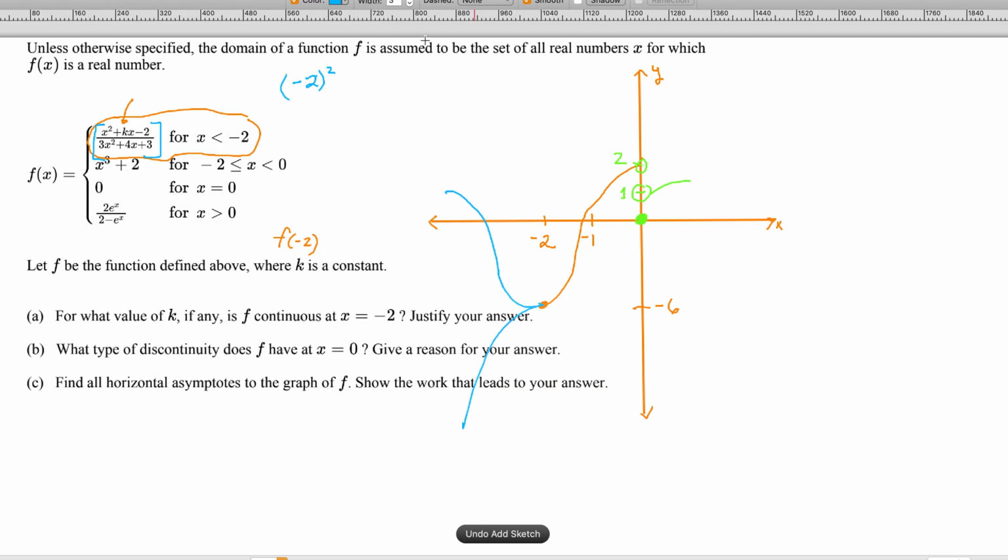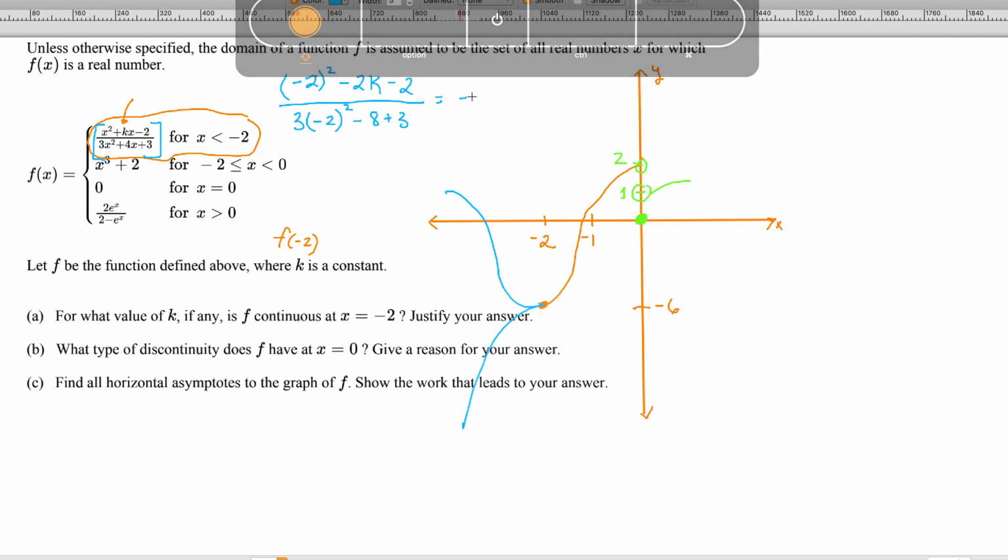I'm going to say minus 2k because x is -2. I want this to be -6, over 3 times -2 squared minus 8 plus 3. And I want this to equal -6.